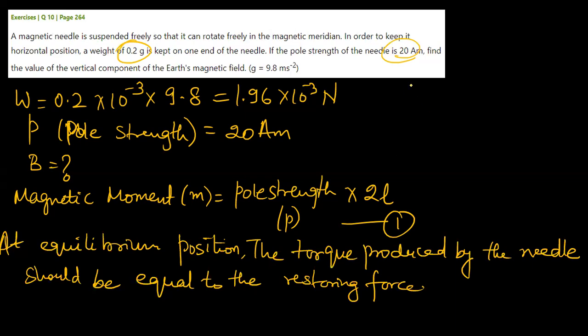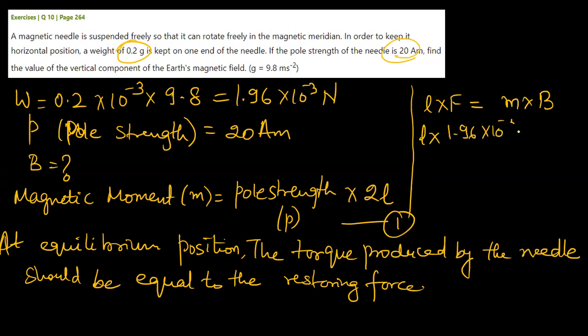So here using this equation, I can write torque, that is L into F, should be equal to the restoring torque, that is M cross B, right? So both are torque equations. So I can write L into F, where F can be written as weight, that is 1.96 into 10 to the power minus 3, into L, equal to magnetic moment, which is pole strength into 2L.